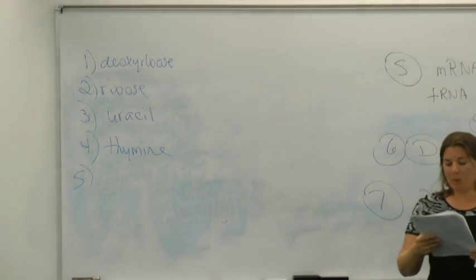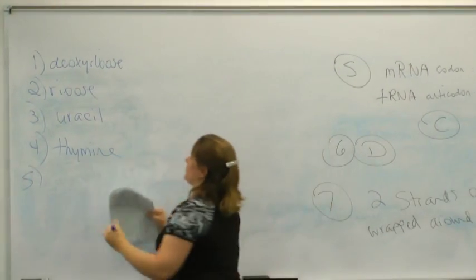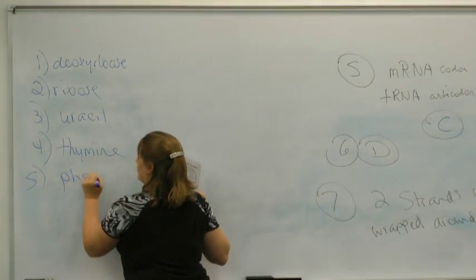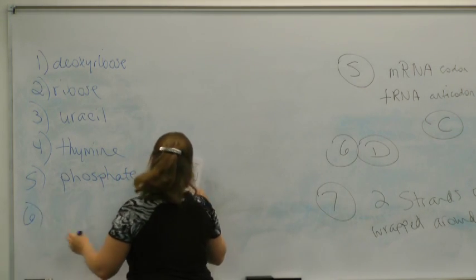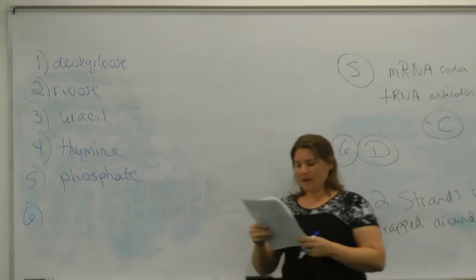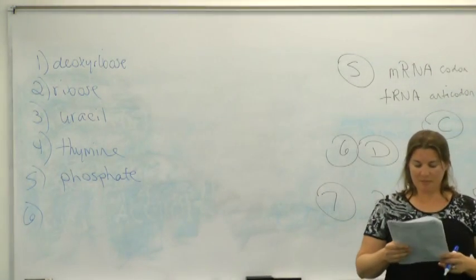RNA and DNA, however, contain what kind of groups? Phosphate. Yeah, phosphate groups. Okay, unlike DNA, RNA exists in 3 different types.